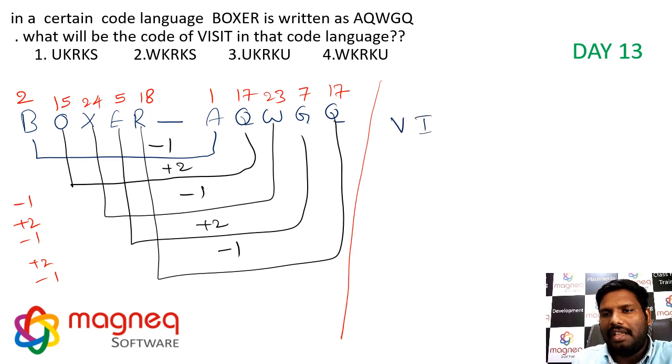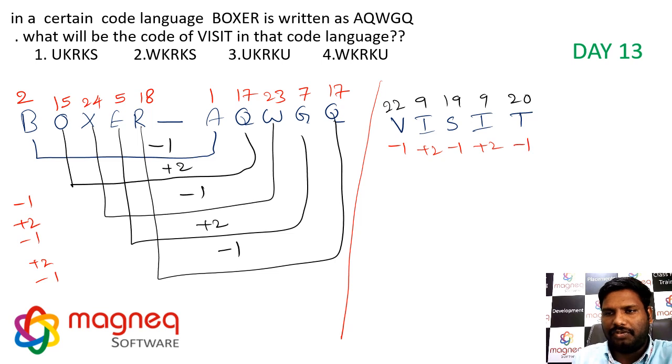V I S I T. So, values 22, 9, 19, 9, 20. Minus 1, plus 2, minus 1, plus 2, minus 1. 22 minus 1, 21. 9 plus 2, 11. 19 minus 1, 18. 9 plus 2, 11. 20 minus 1, 19.